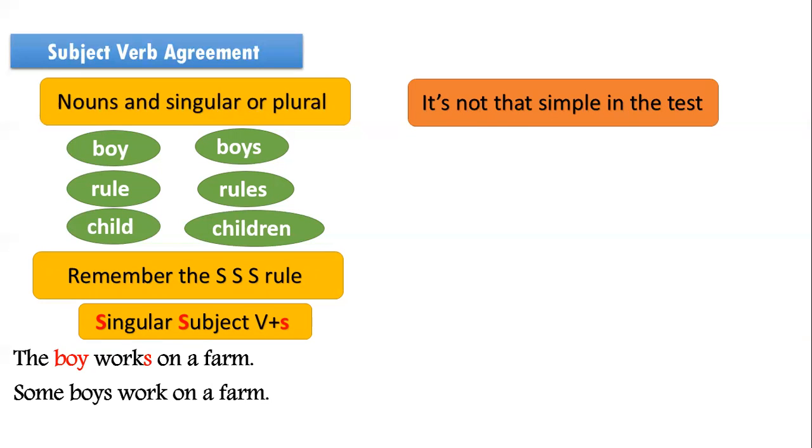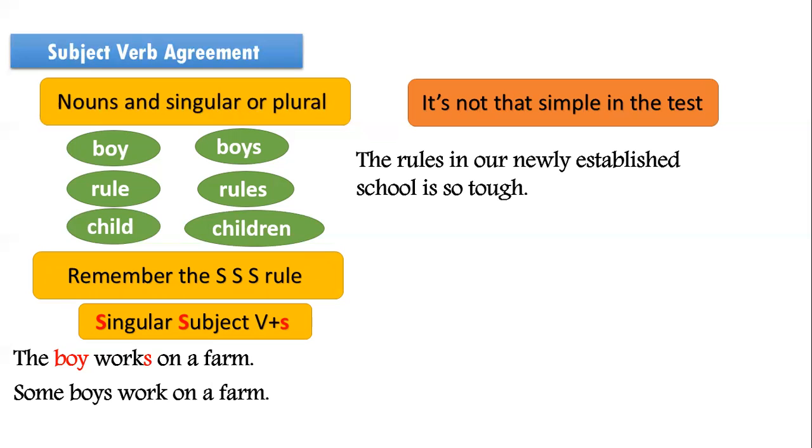It's not that simple, of course, in the test. Look at the following example. The rules in our newly established school is so tough. Now I'd like to ask you, what do you think of this sentence? Is it correct the way it is? No. What's wrong? Something wrong with this sentence?